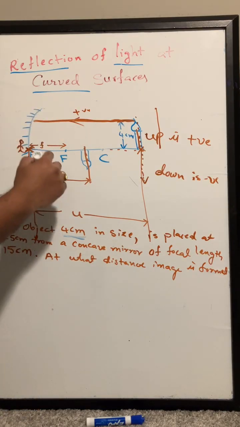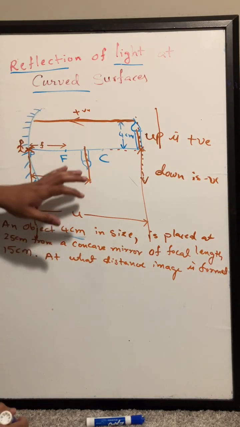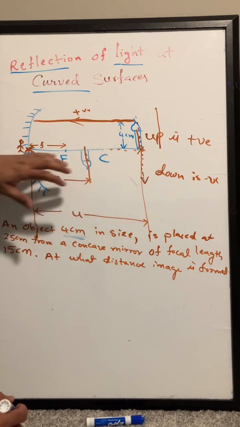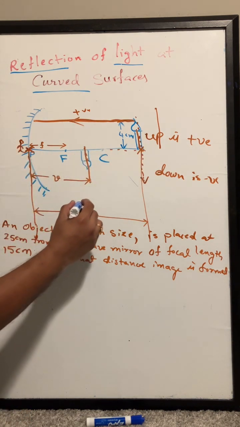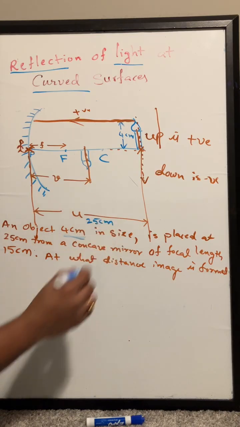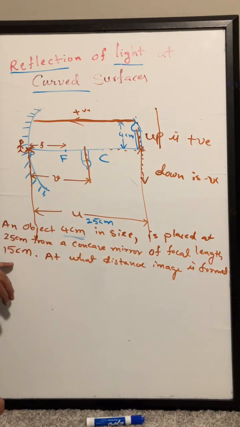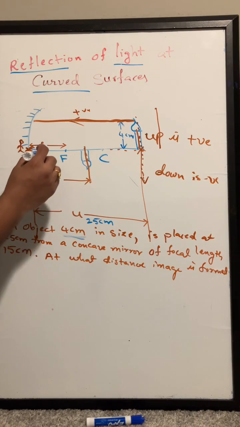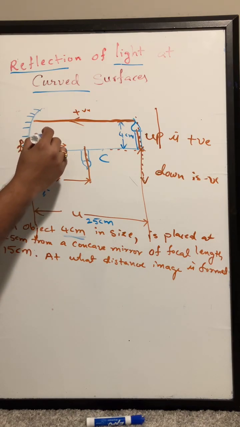So this is our concave mirror, and at what distance is it placed? 25. So this is 25. Here u is 25 centimeters, of focal length 15 centimeters. So this is focal length 15 centimeters.